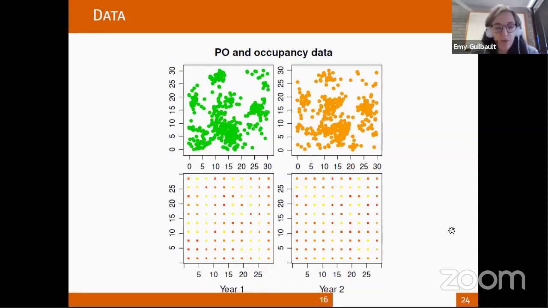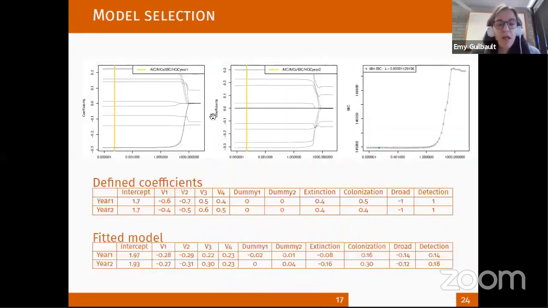And I can input that in the model. What we get out of the model is different output, different information, which will also be explained in Jan's talk. But for my particular research here, I'm just going to present that we can have a coefficient shrinking path using the lasso penalty over 2 years. We can look at a certain model criterion, but I'm going to focus here on the coefficients, because when I simulated my data, I defined some coefficients that explain what the species is going to like.